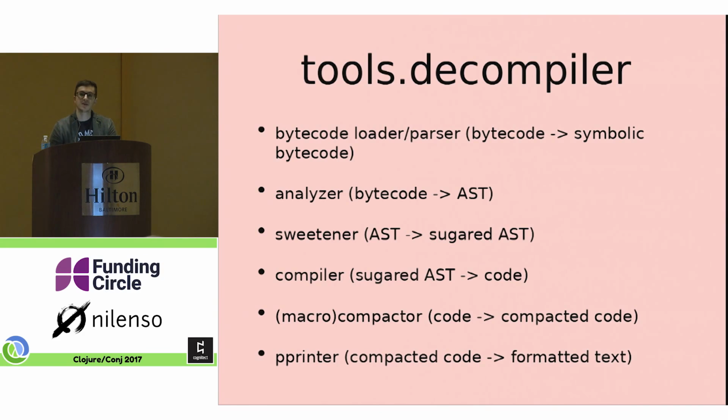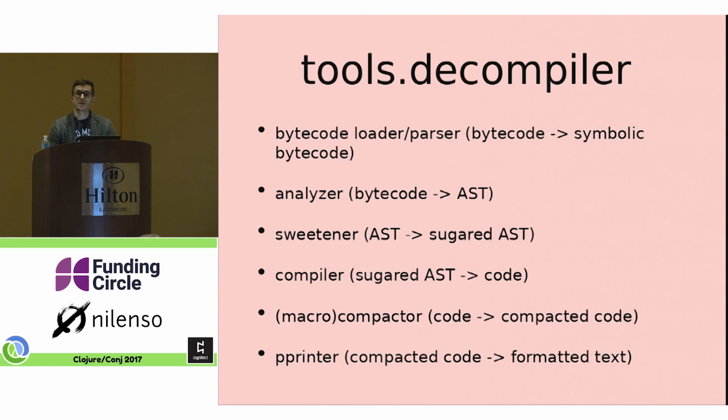We then have an analyzer that takes this data structure representing the bytecode and turns it into an AST, which is also data. We have a sweetener, which is a phase that takes an AST and returns an AST, but does some sugaring over that AST.